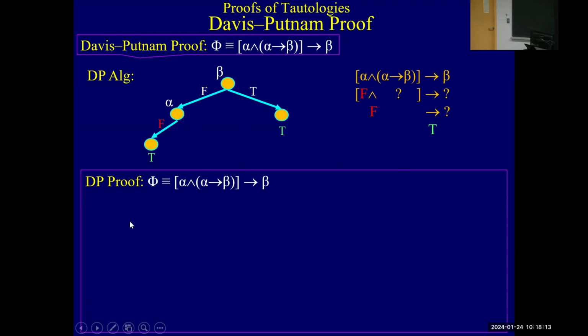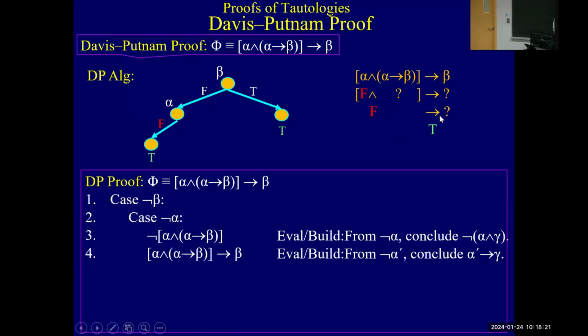And so now, if we know that alpha is false and beta is true, then you can evaluate it out. The whole thing is true, right? And similarly, we can have two cases, right? We have a case of alpha being false, and then within that case, we have a case that beta is true, and a case that alpha is true, right?